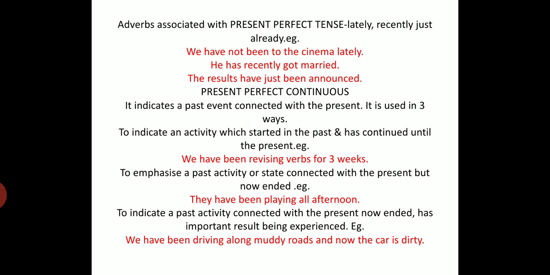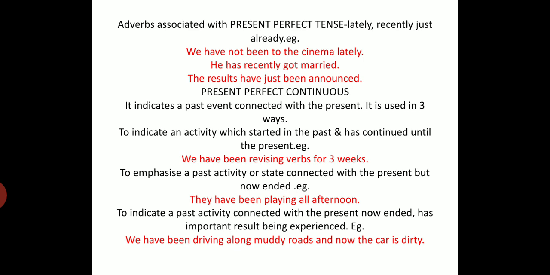Or it can be used to emphasize a past activity or a state connected with the present, but now it has ended. They have been playing all afternoon. Means the activity has now ended, but they have been playing. And the last one, to indicate a past activity connected with the present, now ended, has important result being experienced.